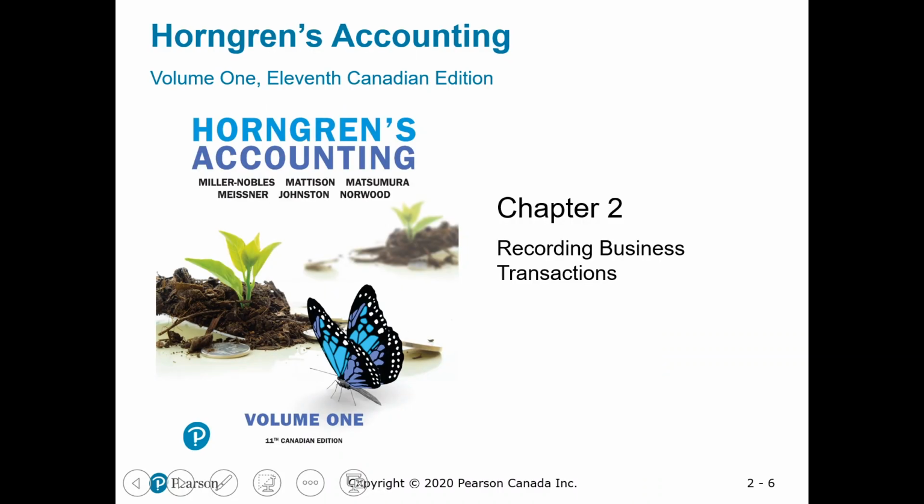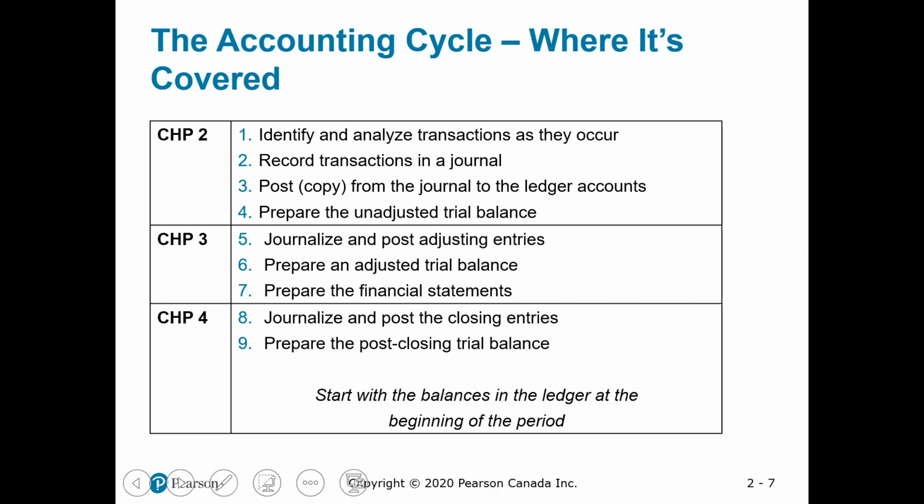Now we will get into Chapter 2. These are the 9 steps of the accounting cycle. And this is what we'll cover in the next few chapters, and overall, what we're looking at in this course. So today in Chapter 2, we're going to look at the first 4.